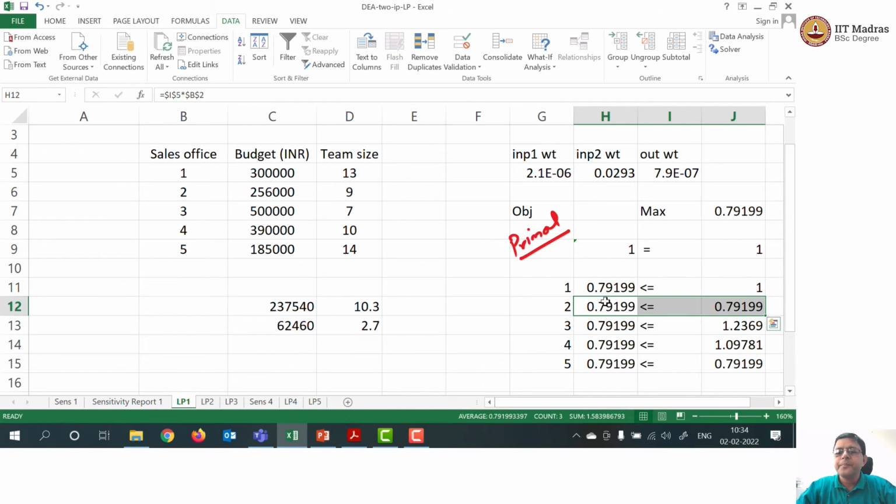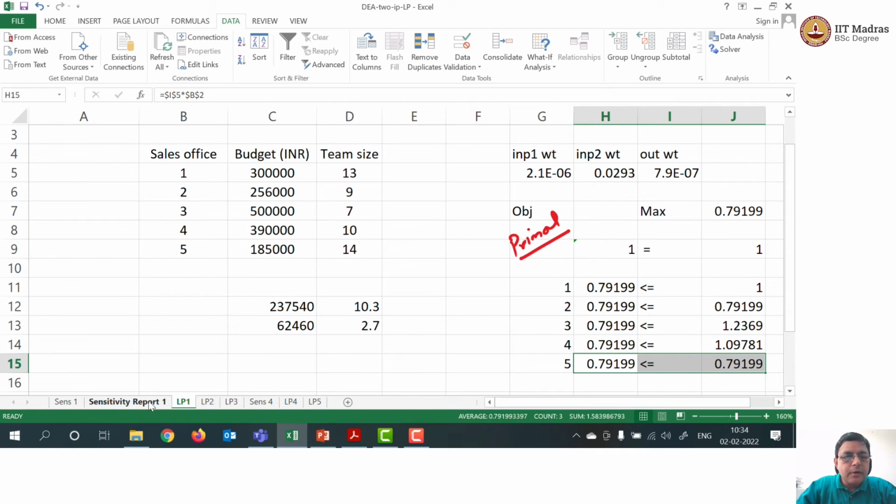This constraint said that using the input and output weights of DMU1, DMU2 should not get an efficiency more than 1. Similarly for DMU3, DMU4, and DMU5.